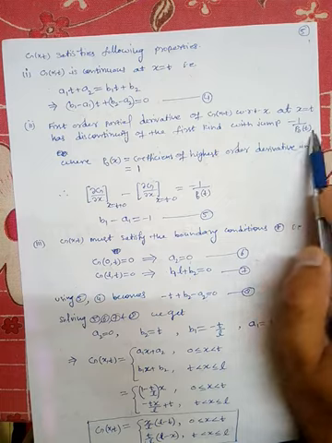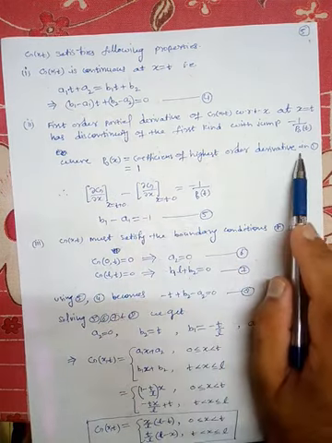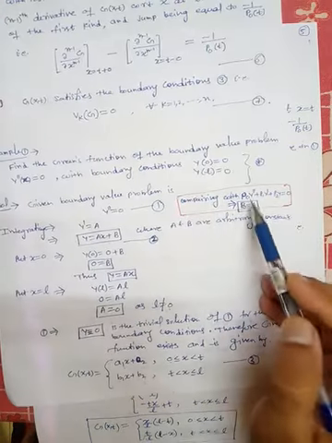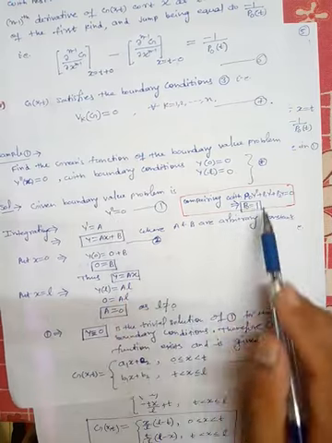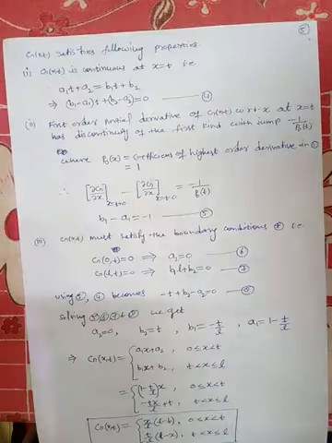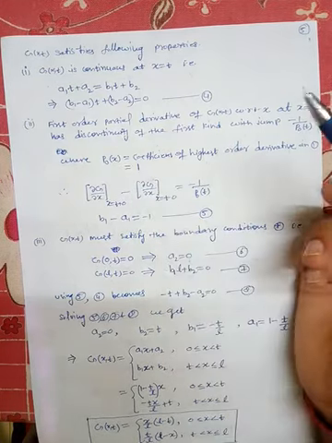Put n equal to 2 here, so the first order derivative. What is p naught t? p naught x is the coefficient of the highest order derivative in equation number 1, which was 1. When you compare, p naught x will be 1 and hence p naught t will also be 1.